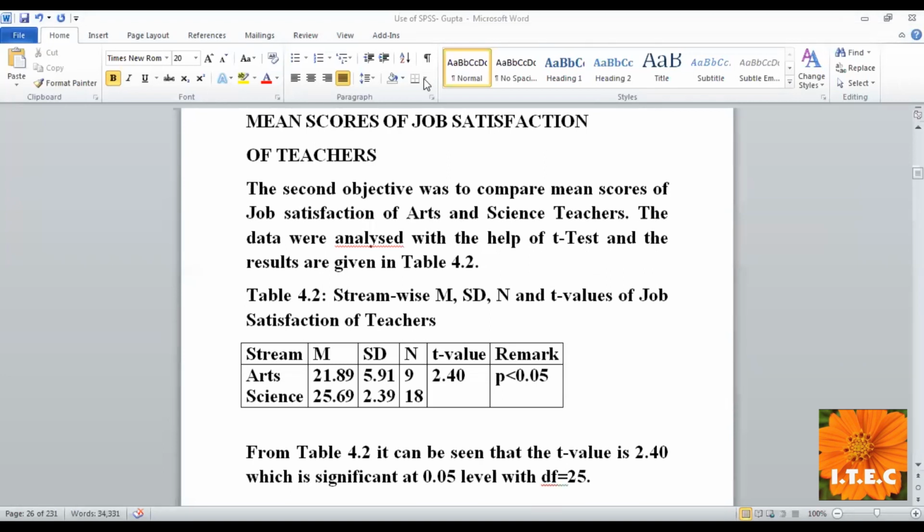Yes, Shalini, yours is correct. What can be the second sentence here that I should write?